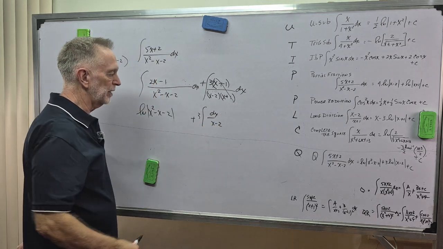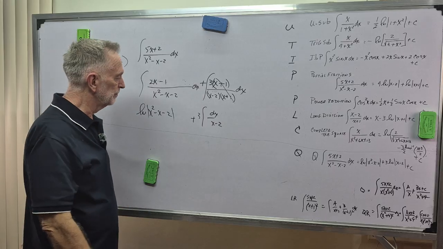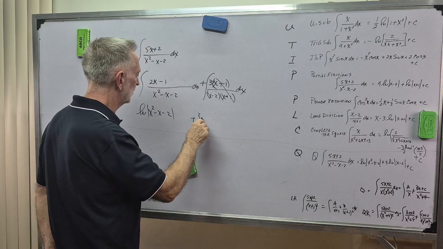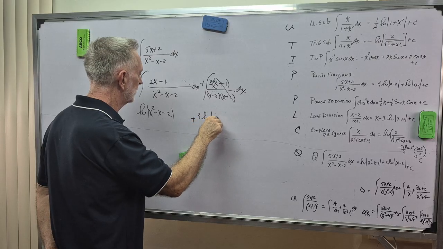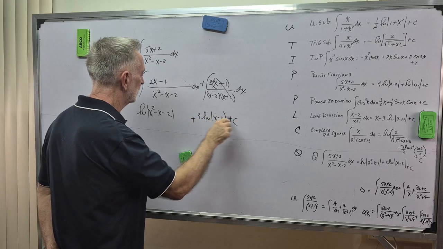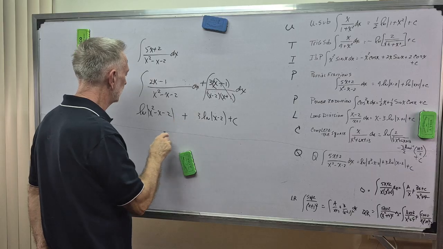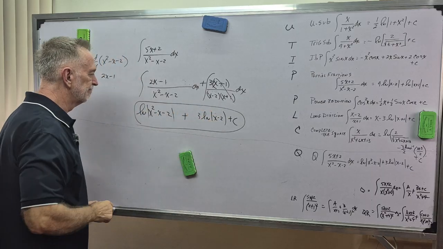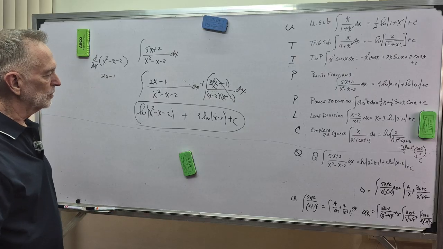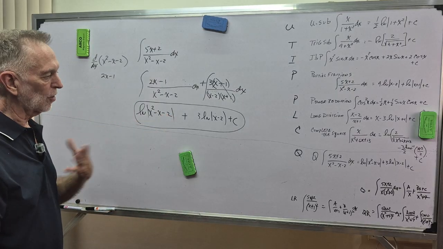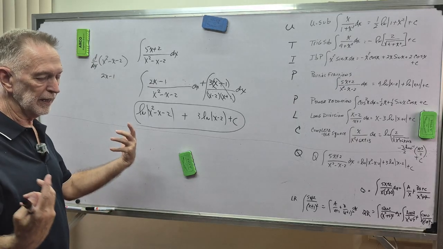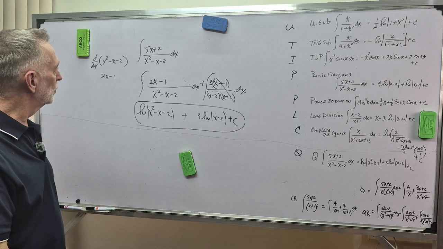What is that? 3 natural log x minus 2. Okay, so that is what I call method of quadratics. If you can parse things out, it may make it simpler to do.